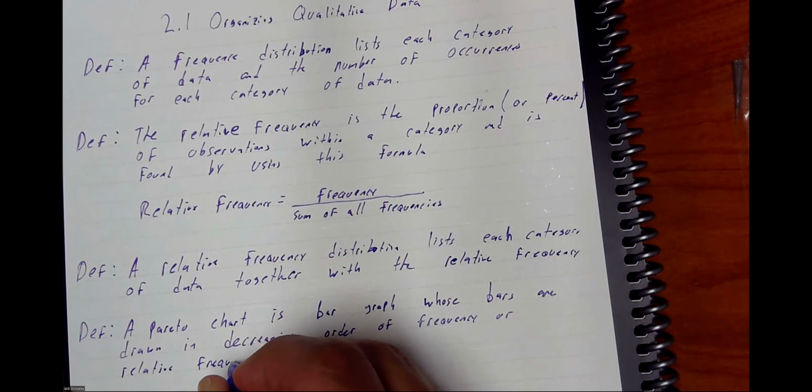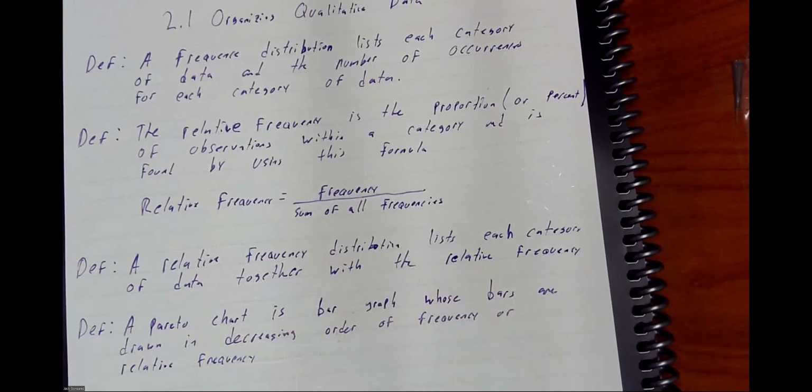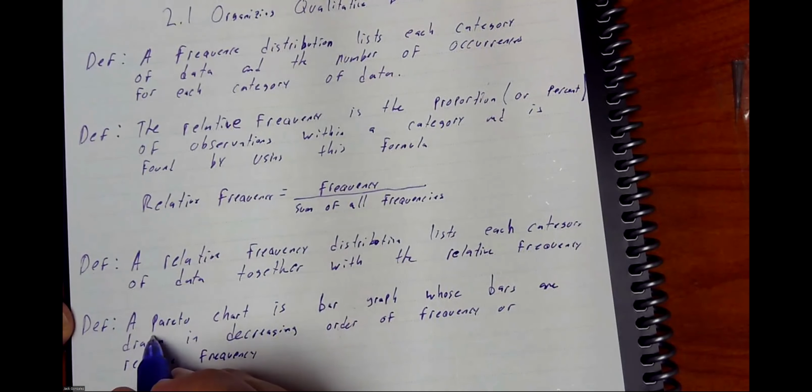So when you see the Paretos, that'll be the highest frequency first, and it'll just go in descending order. The biggest one first, second biggest, all the way to the smallest. It's just a decreasing bar chart. That's all a Pareto is.